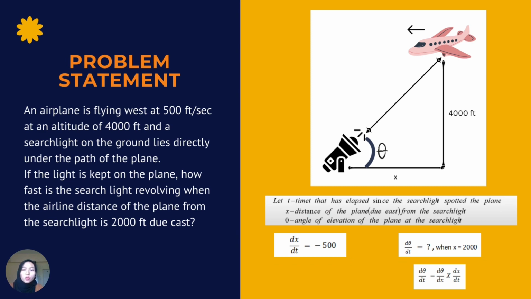That means the question wants us to find the rate of change of the angle of elevation of the plane when x is equal to 2,000 feet. So the question has given dx over dt and wants us to find d theta over dt when x is equal to 2,000. So first of all, we need to find d theta over dt. But how to find it? So this is how you do it.